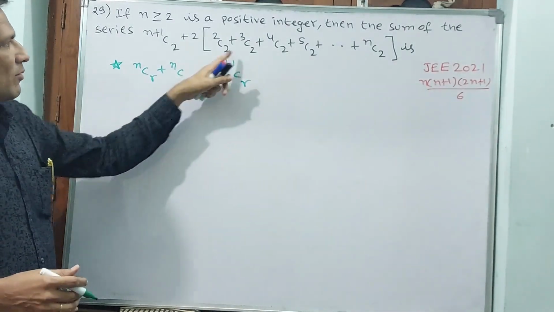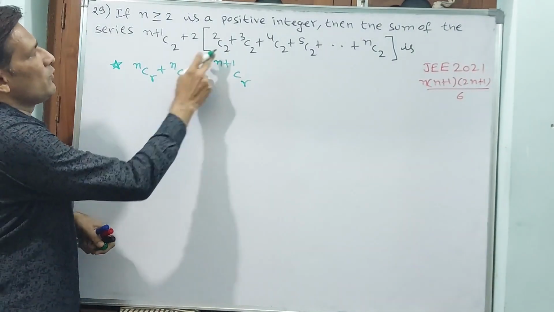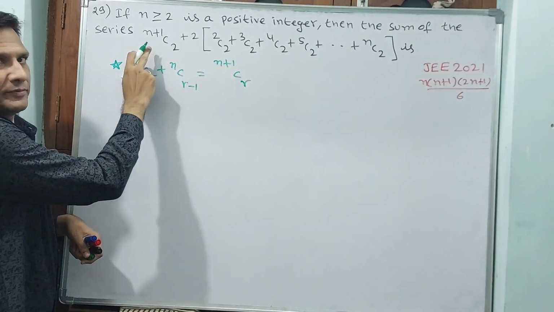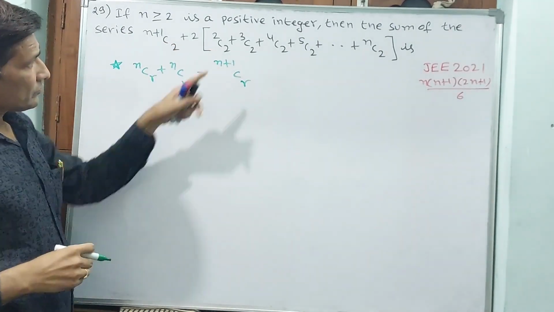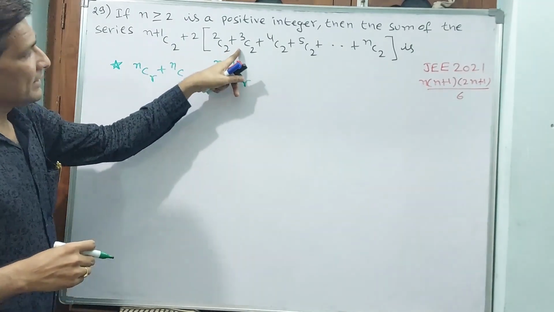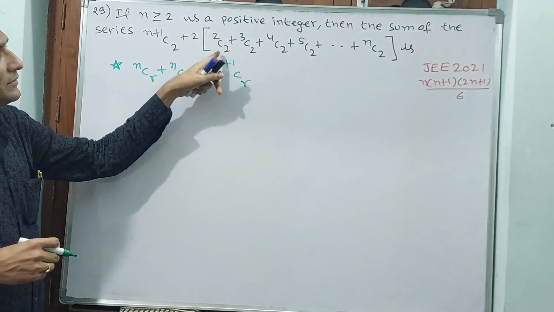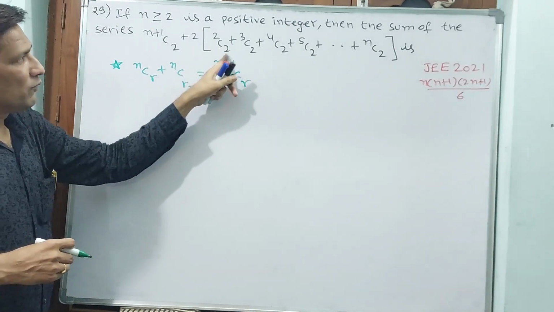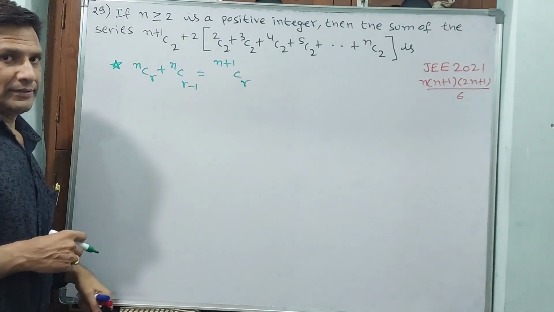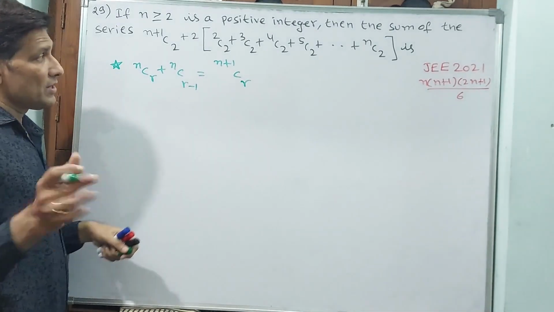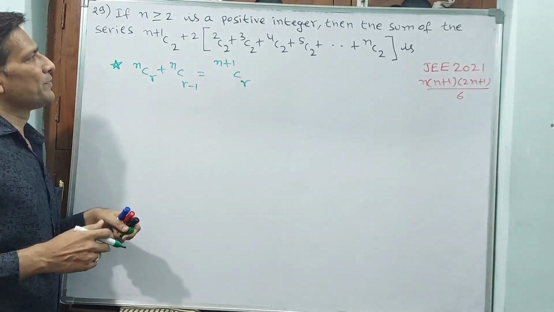To use this formula, the first term we are not going to change, plus 2 times what is inside. See what will happen here. If the first two terms work with this formula, then automatically the remaining will work.